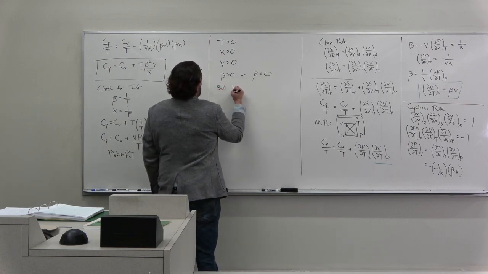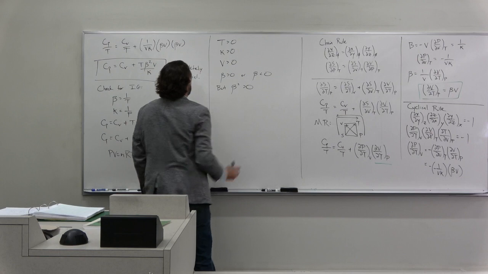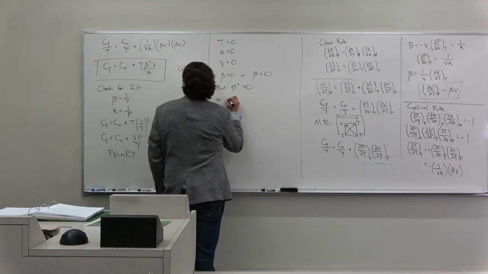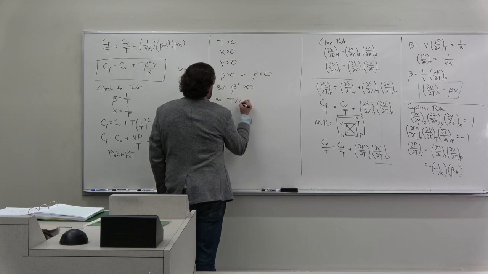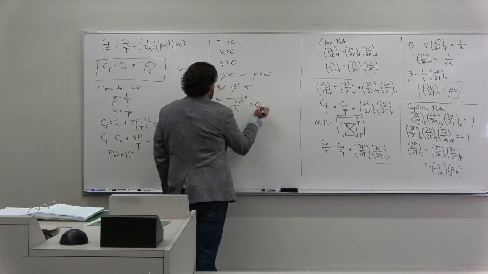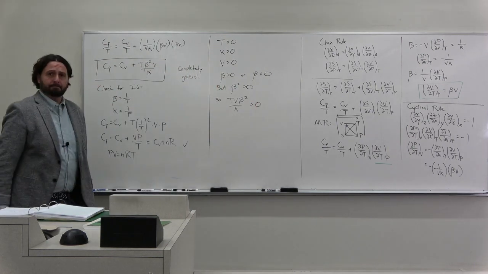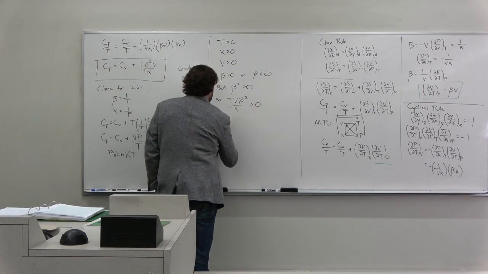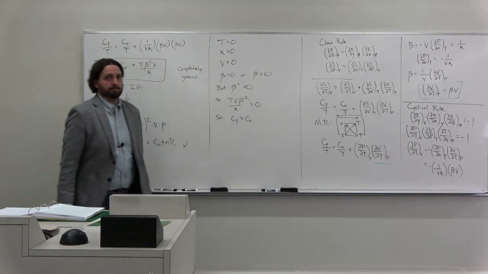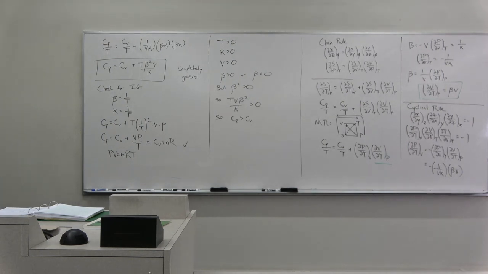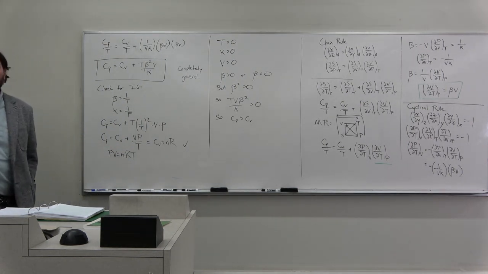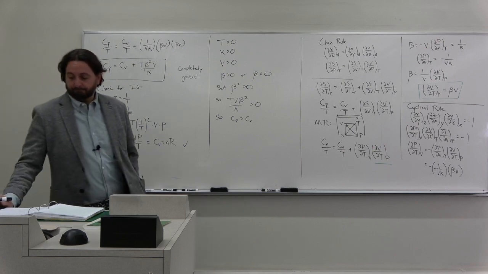But of course, beta squared is always positive. So that tells us that TV beta squared over kappa is always positive. What that means is that Cp is always greater than Cv, just as it was for our ideal gas.